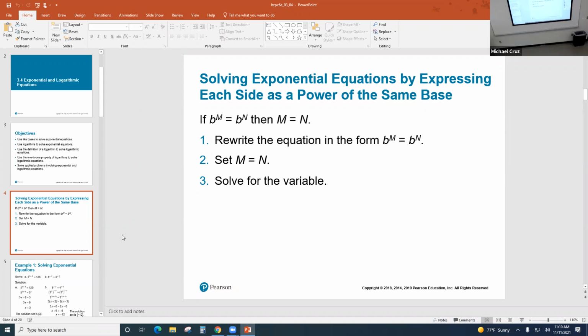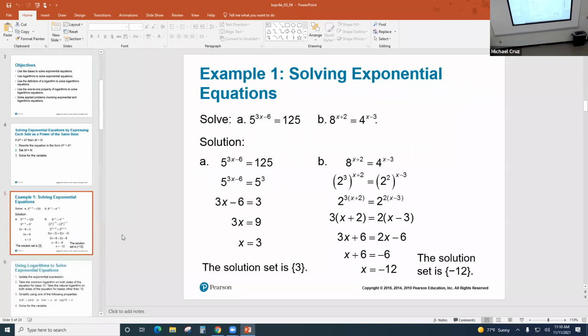And generally what that means is you're going to have a variable in one of those exponents, and that's what you're going to solve for, because the bases are not going to contain anything that's going to help you solve it.